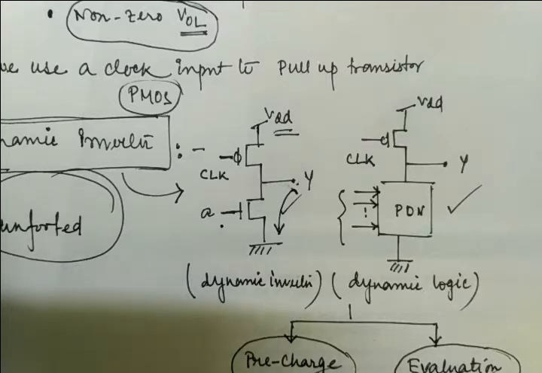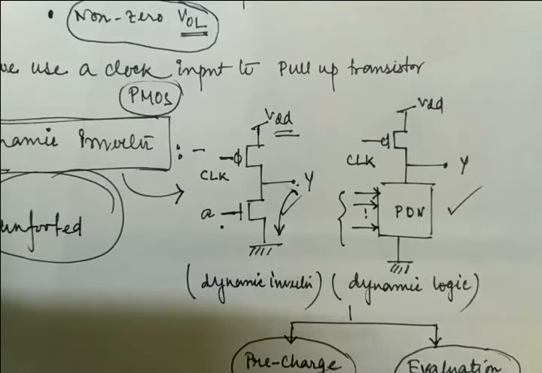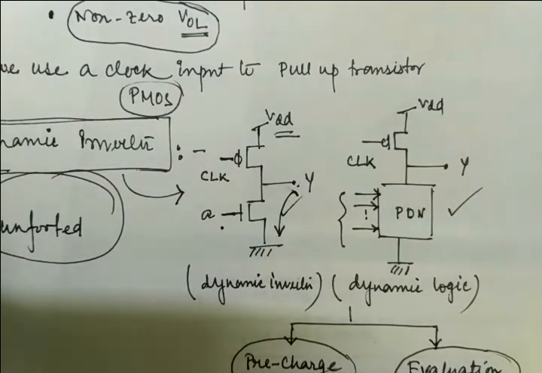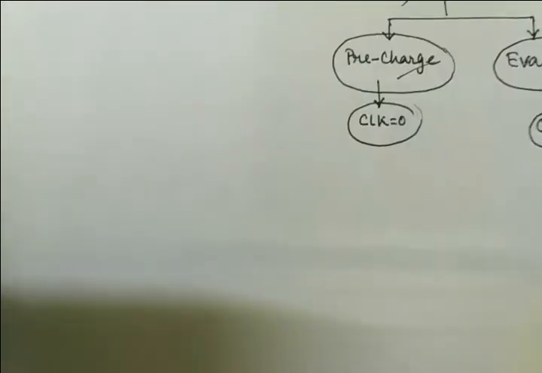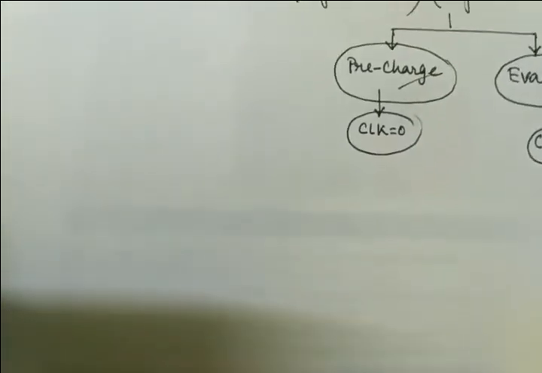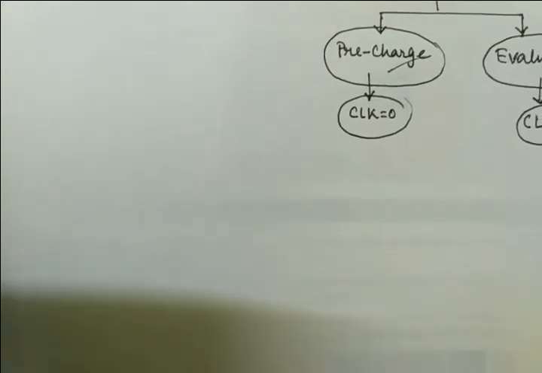But this is the unfooted portion. Now I will discuss the footed dynamic gates. The same logic is happening, but the design is slightly different from your unfooted dynamic logic circuit. Okay, is it visible?